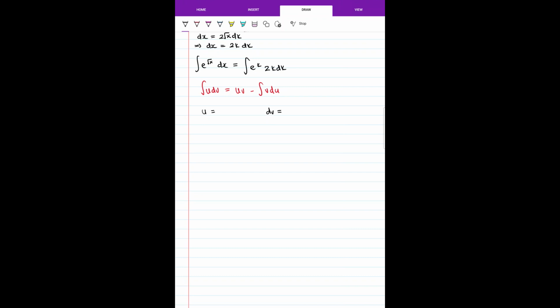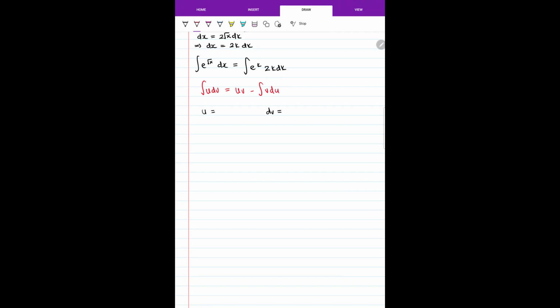Now, how would I pick u and how would I pick dv? Well, the rule of thumb to pick u is that if we take the derivative to find du, I want that to reduce the power.